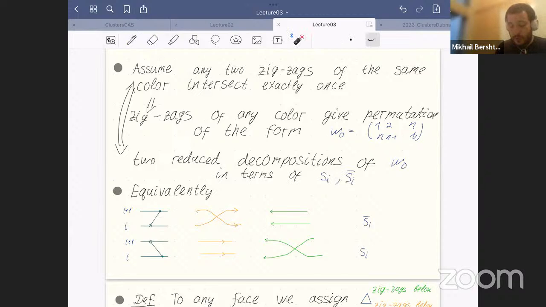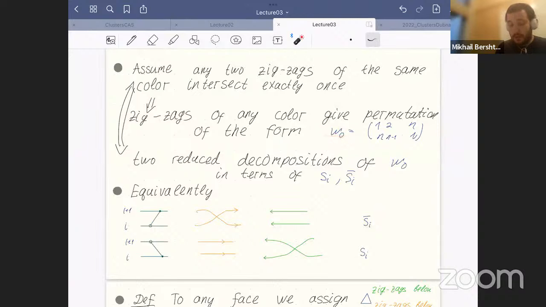So we either permute orange zigzags or green zigzags. Permutation of orange I denote by s_i bar, of green by s_i. If we look at the edges or intermediate edges of this type, we get some product of the reflections which correspond to s_i bar, and this product should give you w0.